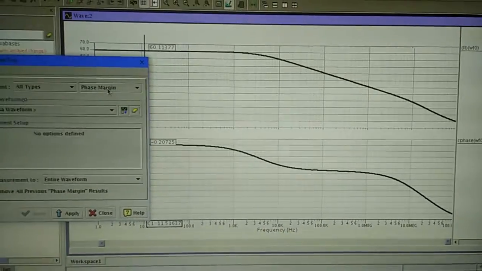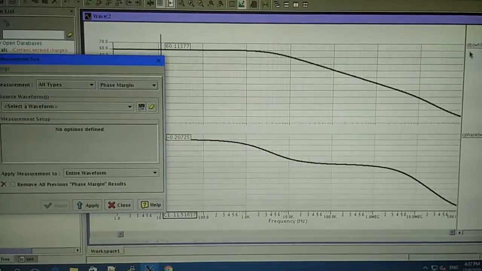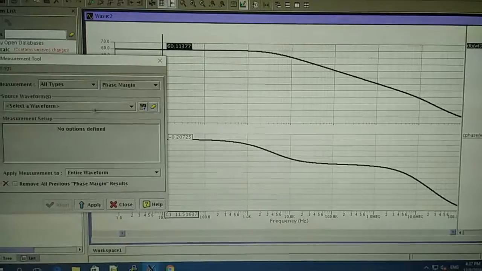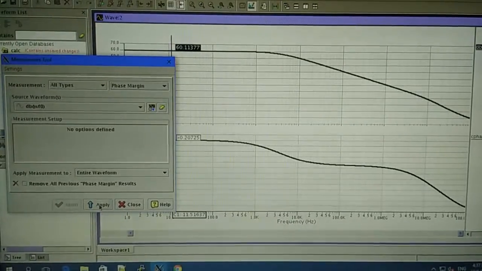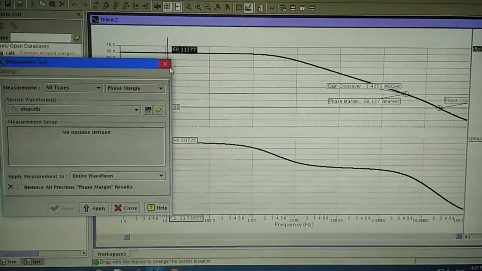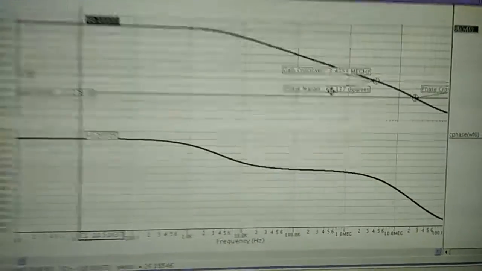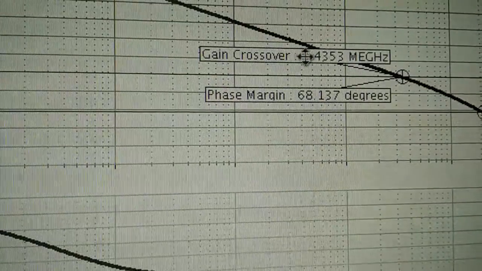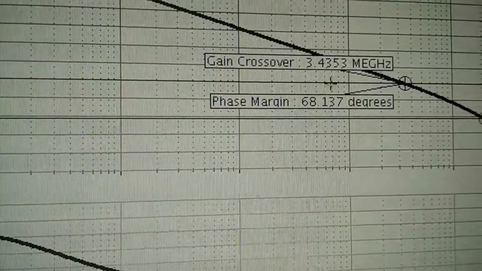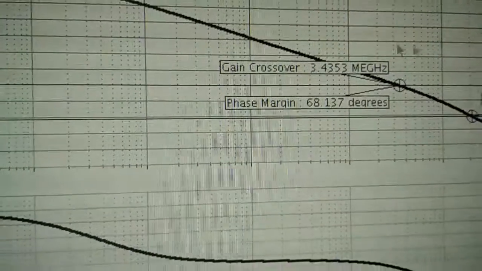Now we need to verify the phase margin for this curve, so we click this one. So from the curve, it shows that our phase margin is 68 degrees and the unity gain bandwidth is about 3.43 megahertz.